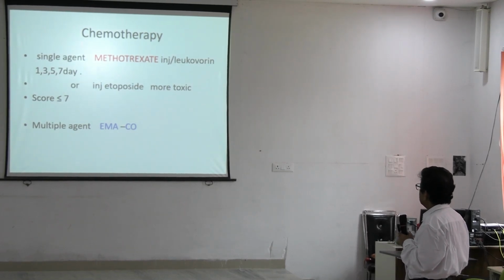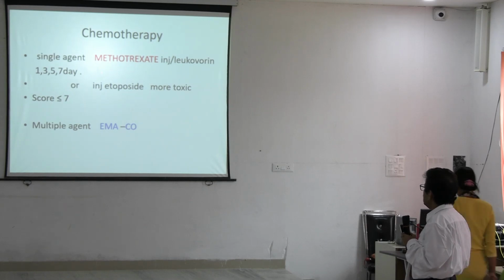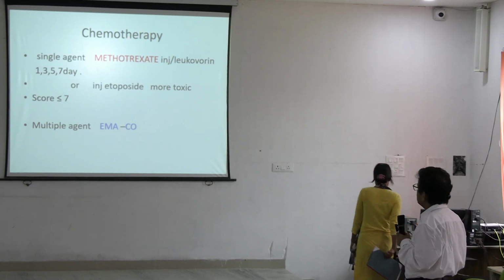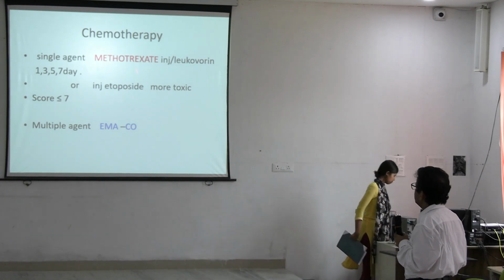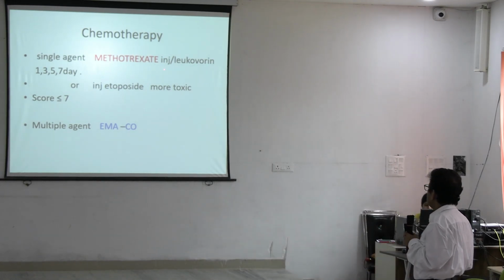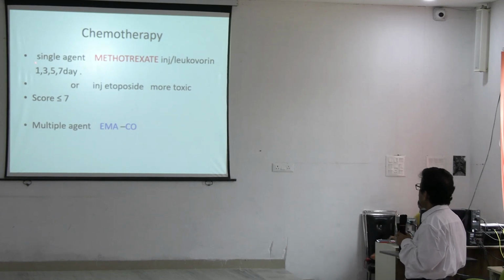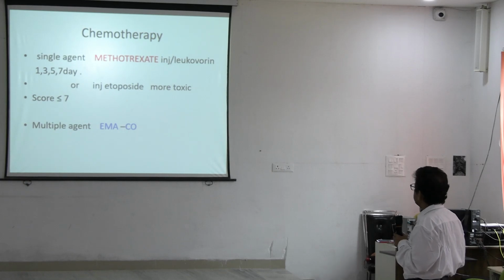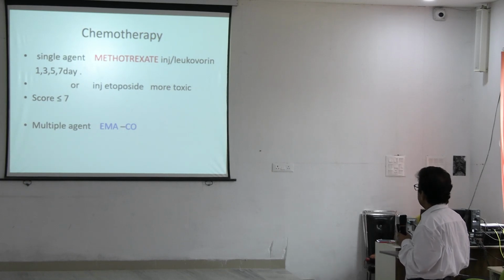Methotrexate causes folic acid inhibition, so many side effects will be there, because folic acid is very much needed for epithelial growth. There may be ulceration or the like. So leucovorin is to be given on days 1, 3, 5, 7 for methotrexate, and leucovorin on days 2, 4, 6, 8. So alternate days. That is one chemotherapy.